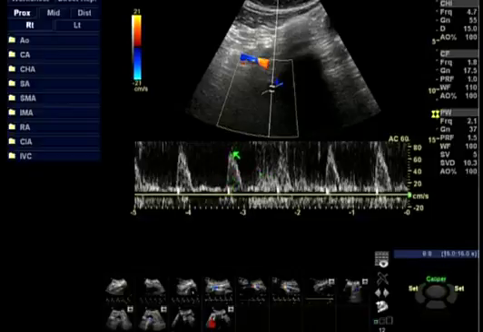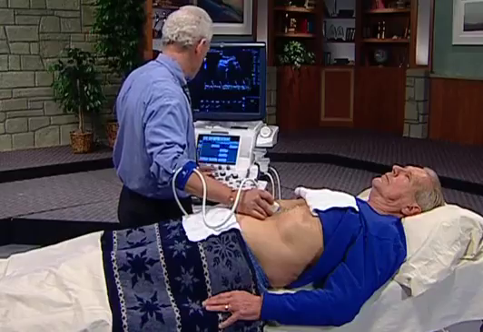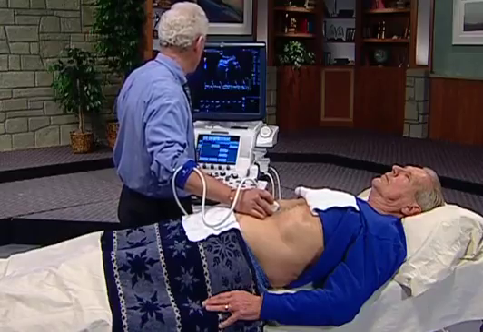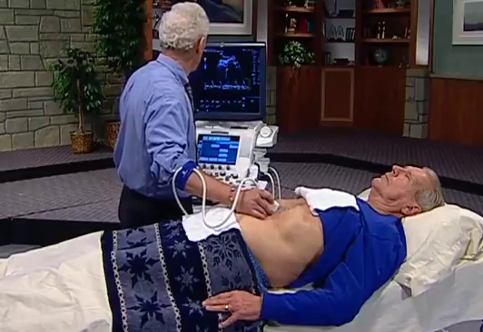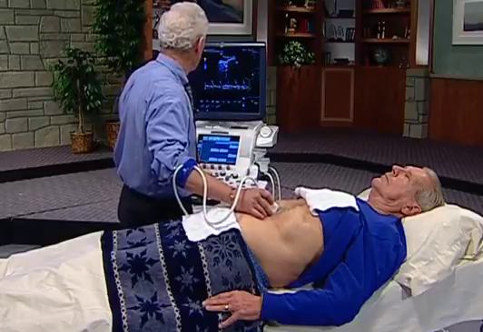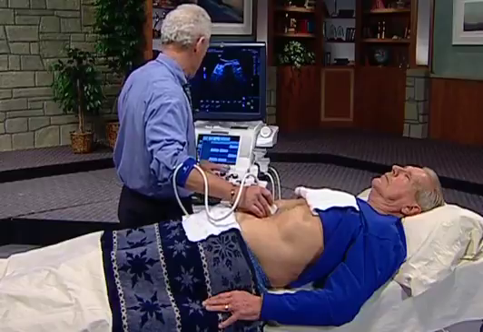We see a well-defined systolic peak. We see a little bit of sustained diastolic flow, which is characteristic when you're above the level of the renal arteries. So at this point, we would measure our peak systolic velocity, store that data, and move on from there to a more thorough evaluation.